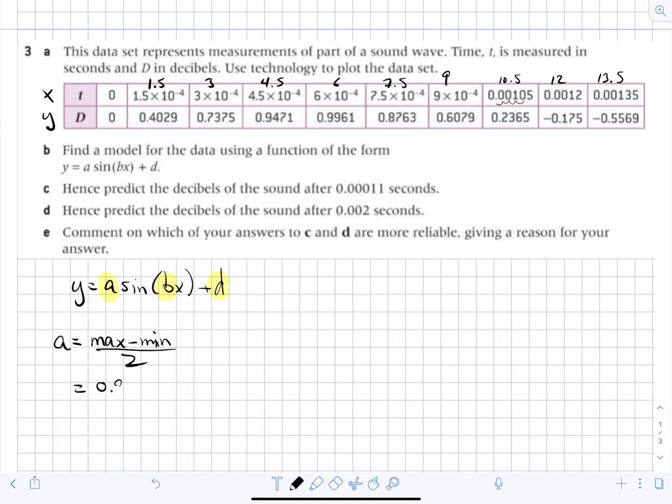So 0.9961 minus my minimum, what's my lowest value? Negative 0.5569, something like that, divided by 2.